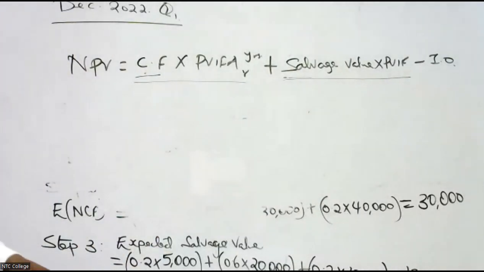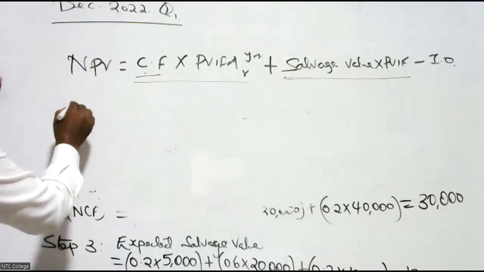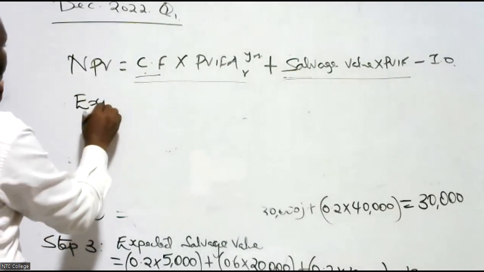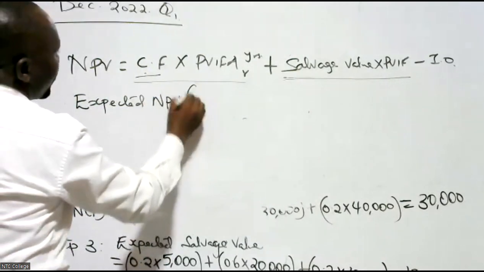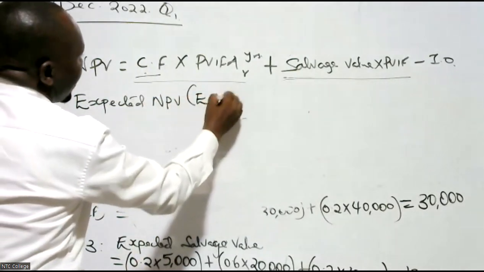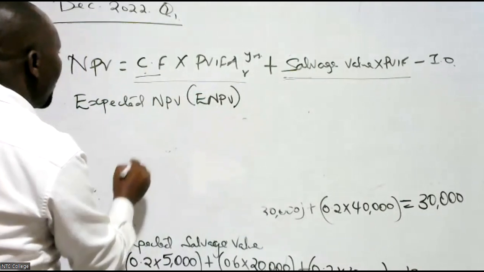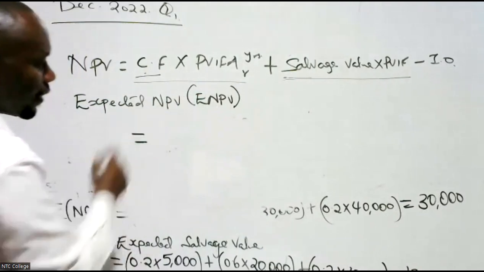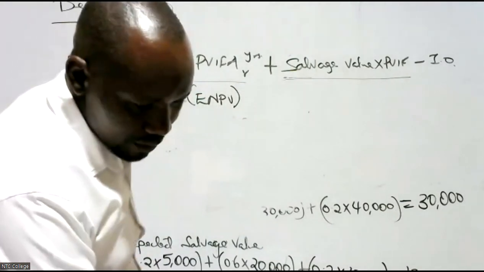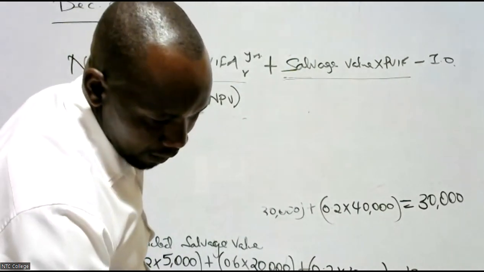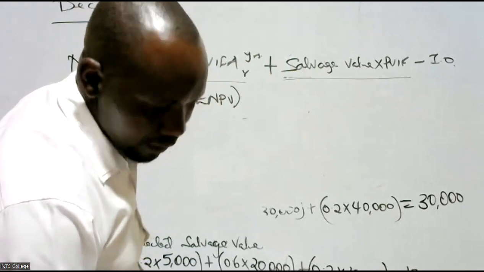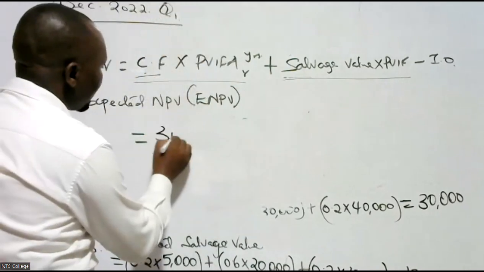Now, our expected NPV, which we call ENPV, we can now say that the average cash flow is 100,000. Is that what we calculated? Average cash flow is 30,000, so we have 30,000.